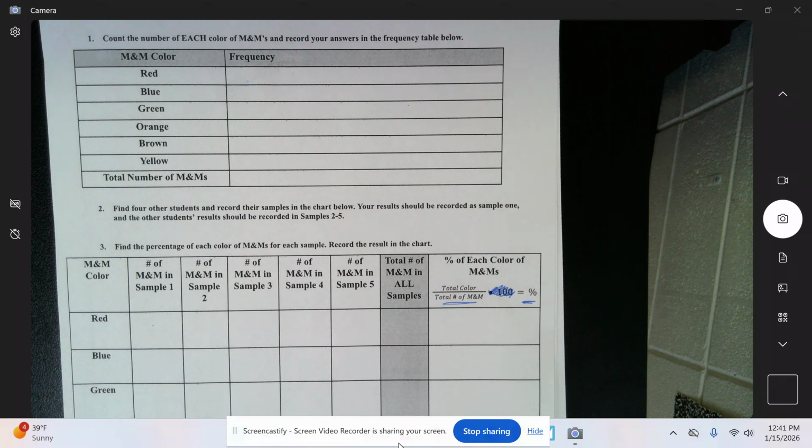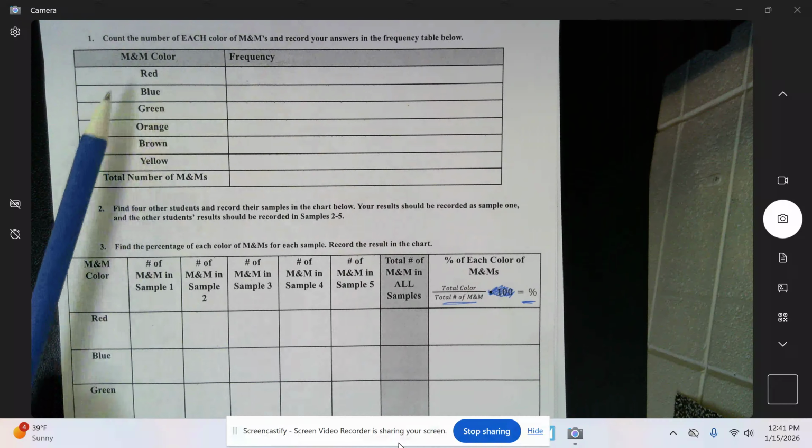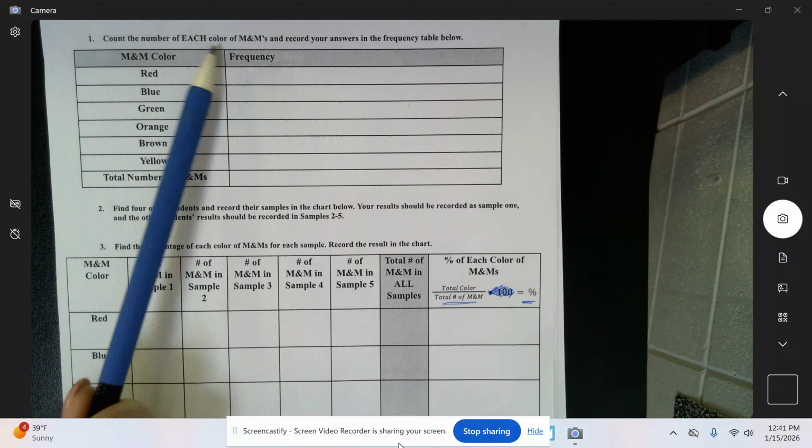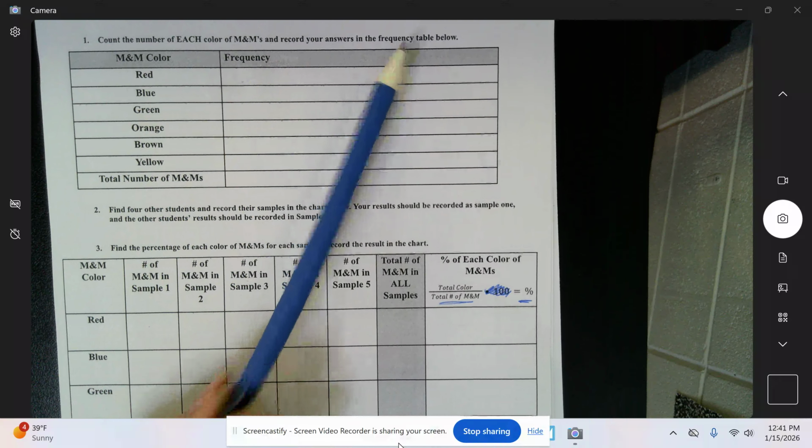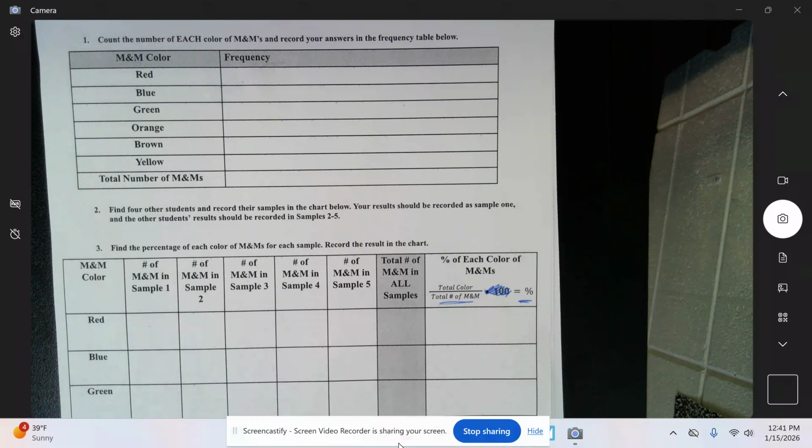Okay, what you're going to do first is count the number of each color of M&Ms and record your answers in your frequency table. That means frequency tables use tally marks. Okay, we are not in kindergarten, we're in the 7th grade. How do we do tally marks?